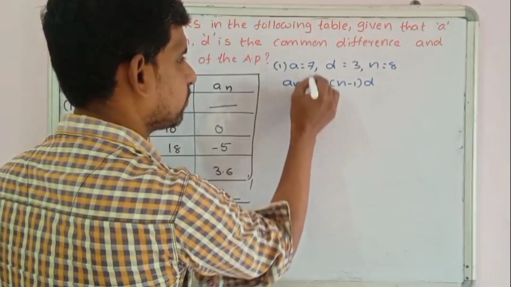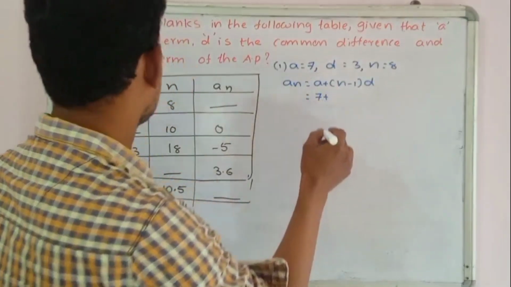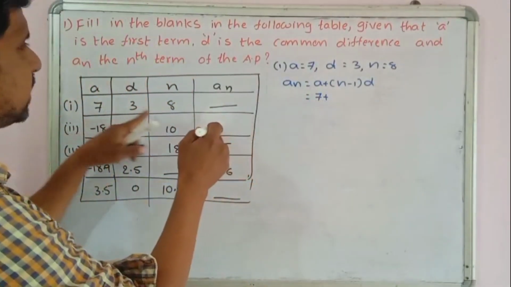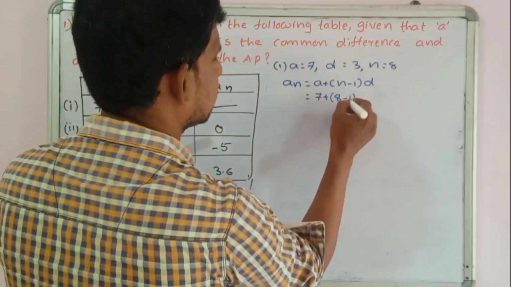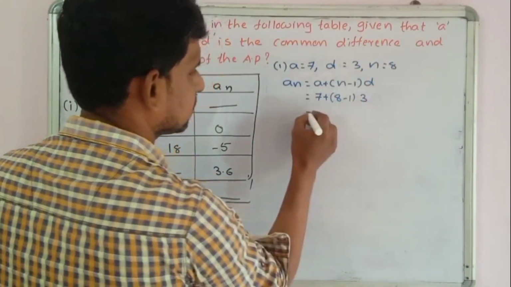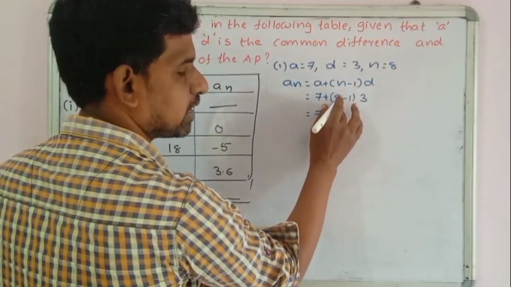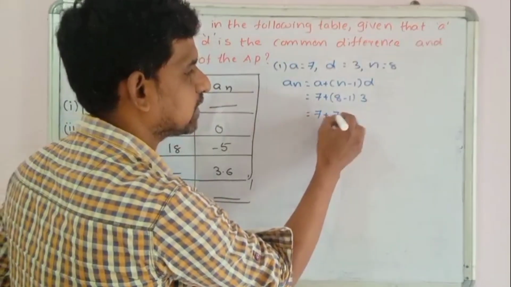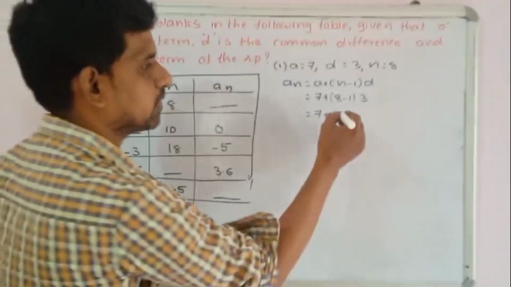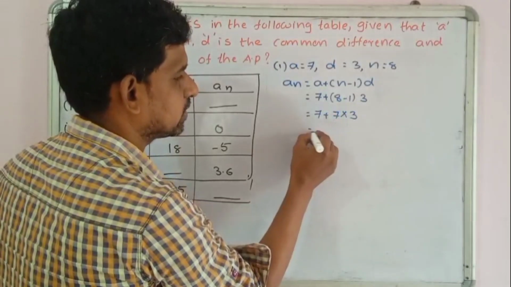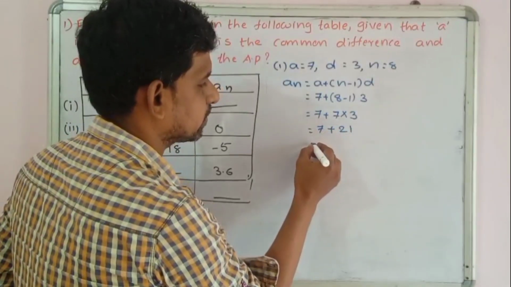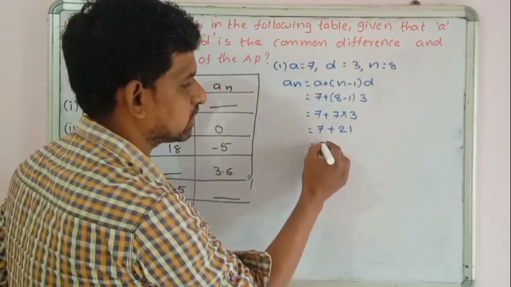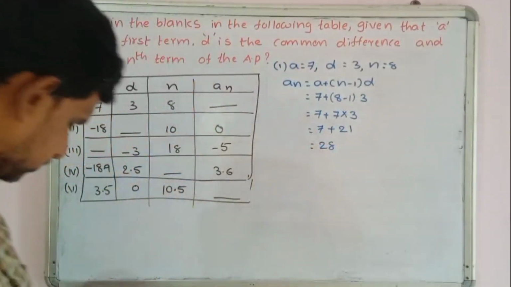So the value of a is 7 plus, what is the value of n? n is 8. 8 minus 1, d is 3. So 7 plus 8 minus 1 is 7, 7 into 3 is 21. So 7 plus 21 is 28.